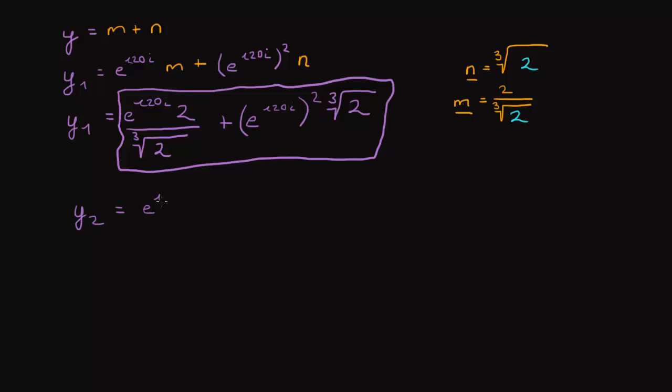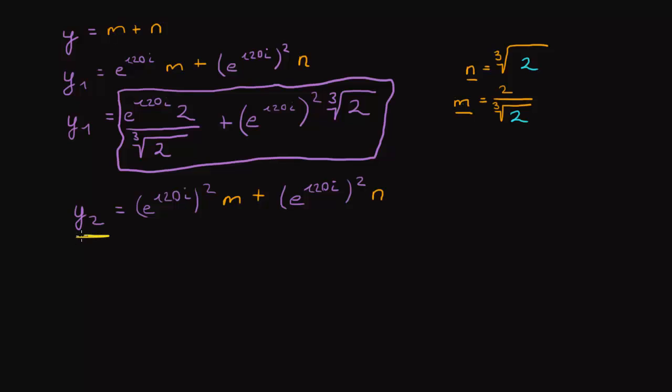You can say e to the 120I squared times our m plus e to the 120 I, and I'm calculating these in degrees here, to the second power times n, and once again you would go into normal form with these, and you would multiply these out, and so on and so forth, and then you would add 1 to them and you get your next x.